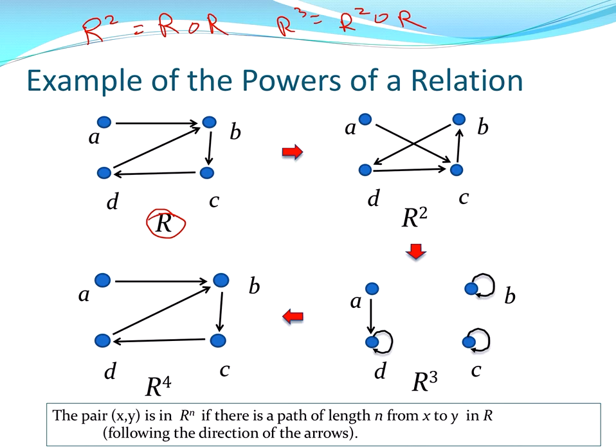If I take R composed with R, it means I'm taking 2 steps in the original relation. So R squared is the set of all results for taking 2 steps in the original.